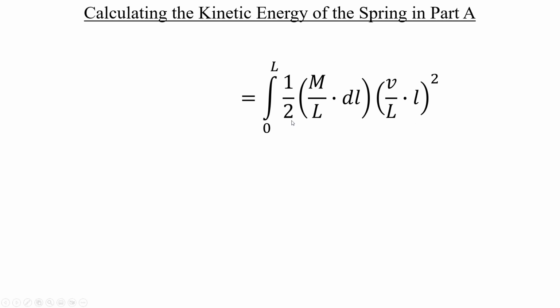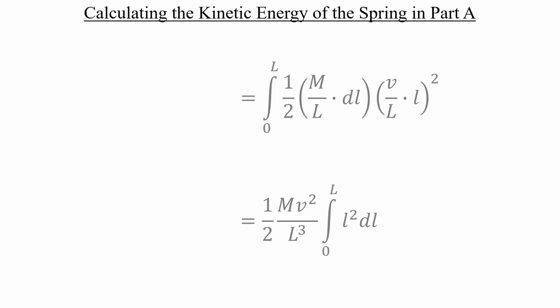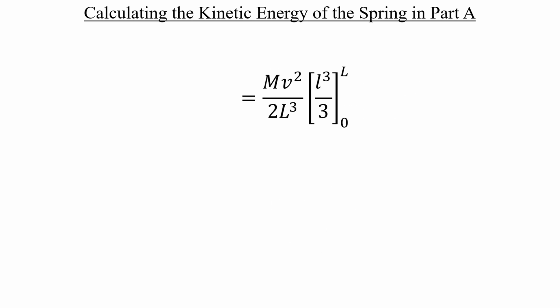The 1/2, mass, spring length, and speed of the spring found at the end can all be factored out of the integral because they're constant. The only thing that we need to integrate is lowercase l squared, and that's not hard at all. When we do that, we'll get lowercase l cubed divided by 3, and we want to evaluate this from the base of the spring to its full length.